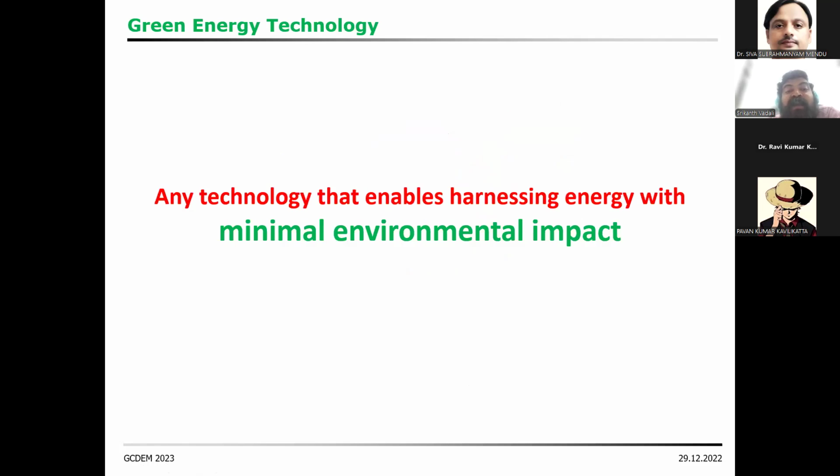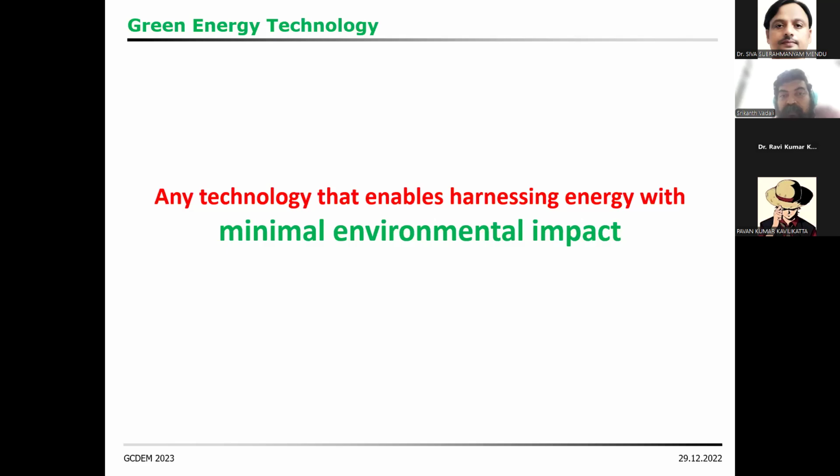They started using minimal or acceptable environmental impact. So what is green energy technology? Any technology that enables harnessing energy. It can be conversion, it can be transmission, it can be storage, but with minimal environmental impact.